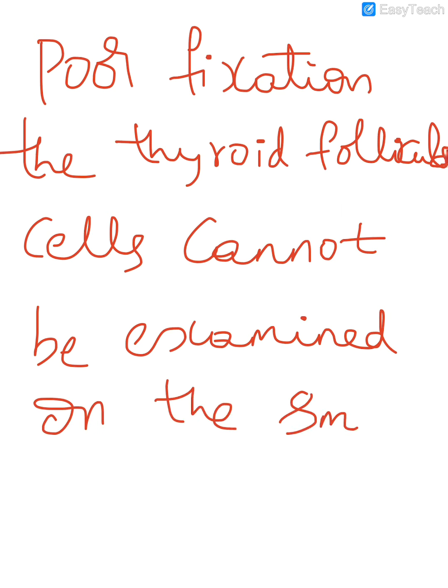So category 1 is non-diagnostic, and the risk of malignancy cannot be made out because the specimen received is inadequate and the smear shows low cellularity, and sometimes because of poor fixation the thyroid follicular cells cannot be examined on the smear.